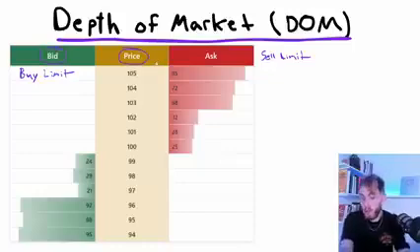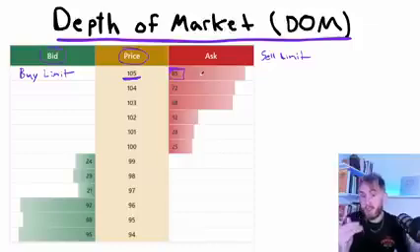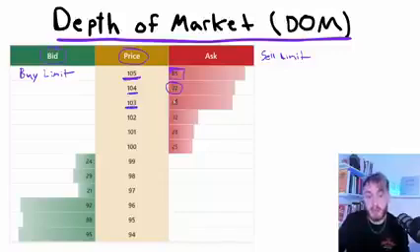It right now trades at around 100, and you can see here at the price of 105, we have 85 sell limit orders. So 85 orders are waiting at that price level, and here at 104, we have 72 orders waiting, 103, 68, and so on and so on.